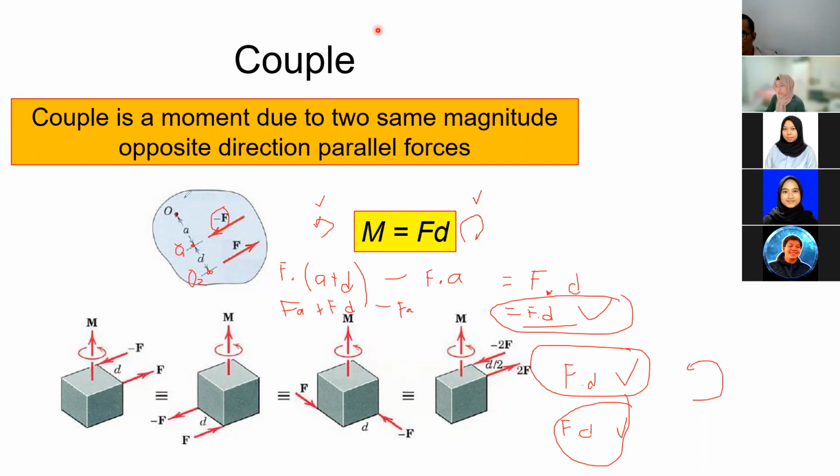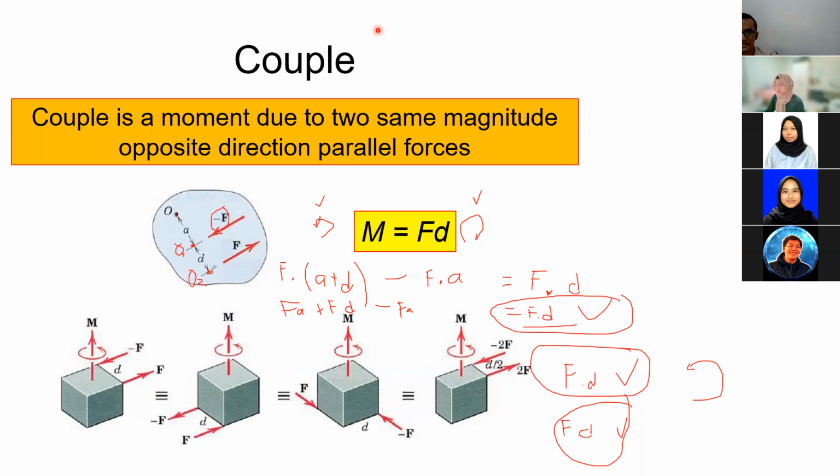So you can see, at point O, the moment which is caused by both forces is F multiplied by D counterclockwise. At point O1, both forces will create moment F multiplied by D counterclockwise as well. At point O2, both forces will create F multiplied by D counterclockwise as well.